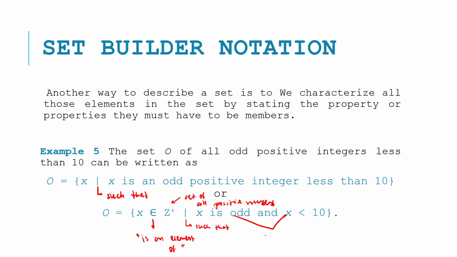So this is the property or properties, right? Because we have two properties that they must have for X to be a member of that set.